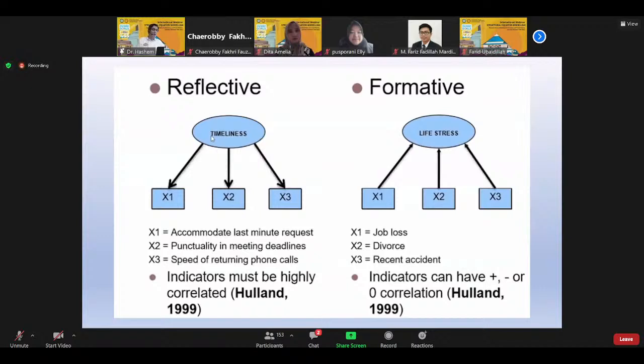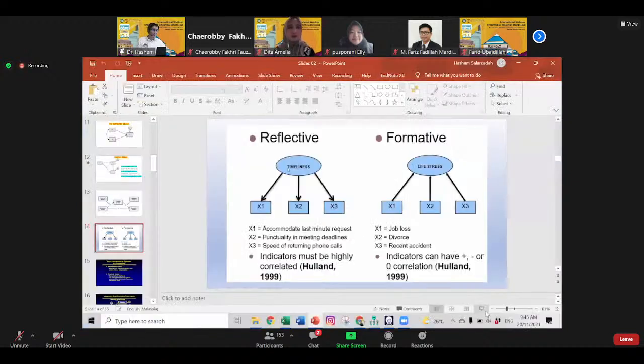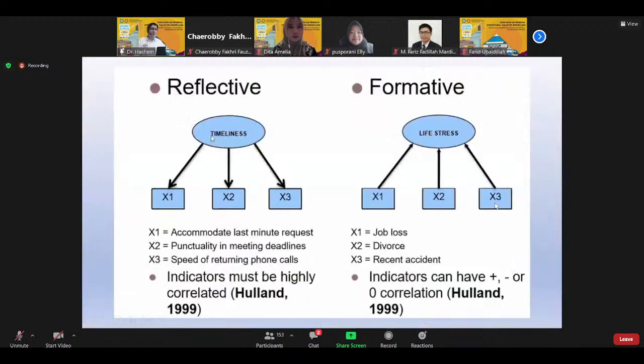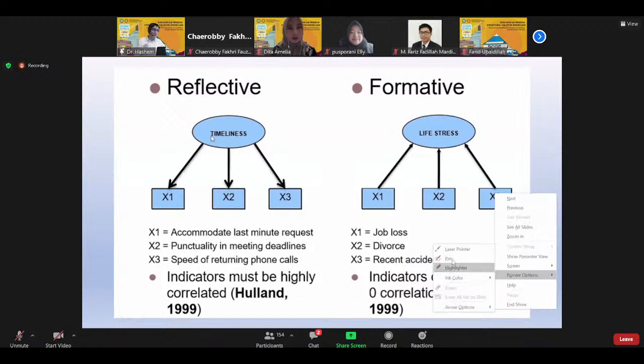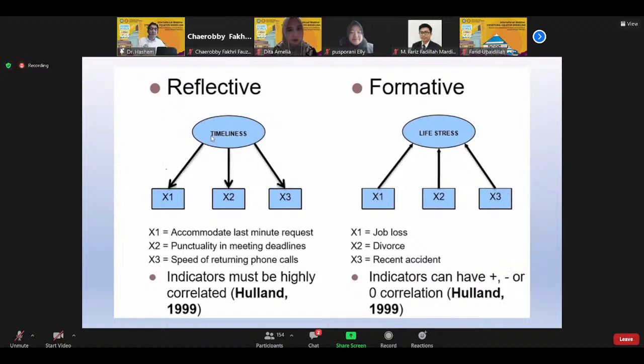Moreover, we do have two types of SEM analysis: reflective and formative. As you can see here, the difference between the formative and reflective is based on the type of the arrow, right?